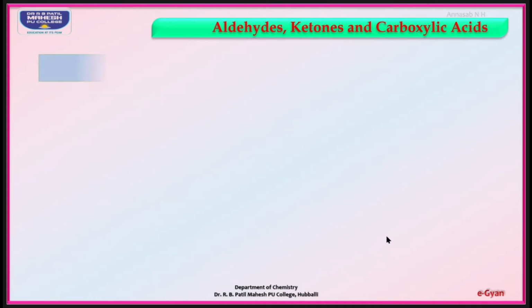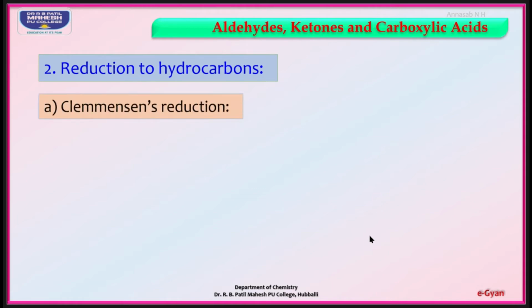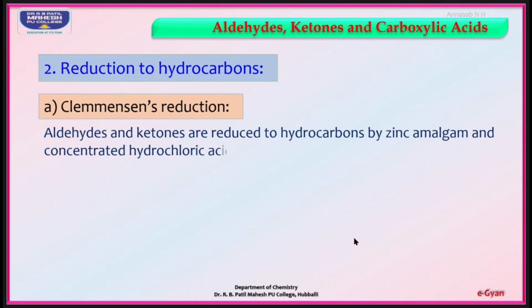Moving further, reduction to hydrocarbons. When aldehydes and ketones are reduced, they can also give hydrocarbons, in which one of the most important reduction reactions is Clemmensen's reduction. When aldehydes and ketones are reduced with zinc amalgam and hydrochloric acid, HCl, it gives the respective hydrocarbon.